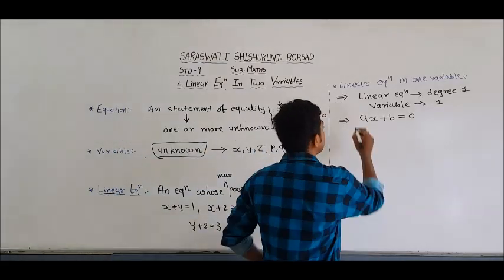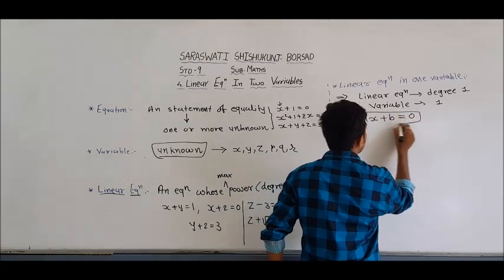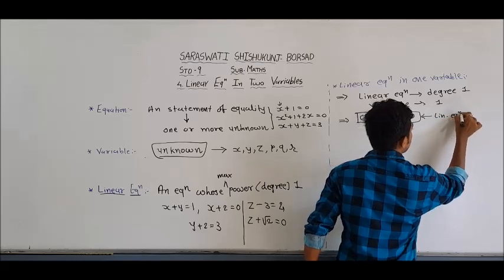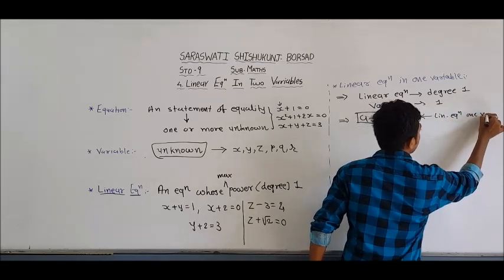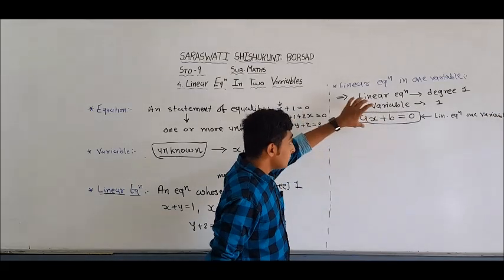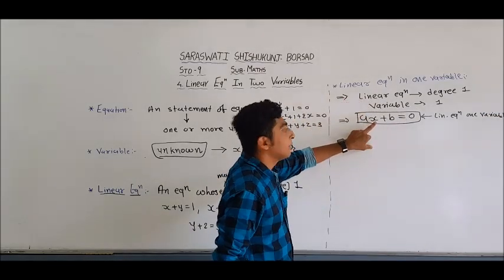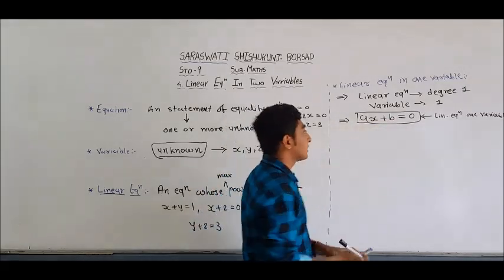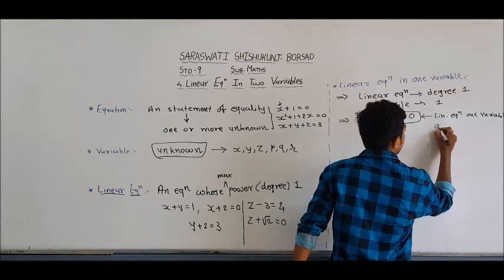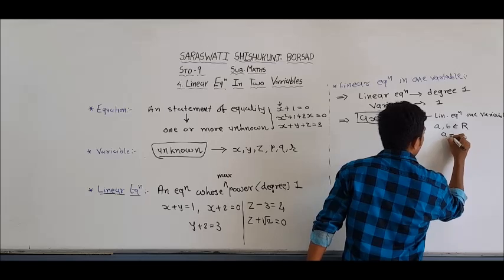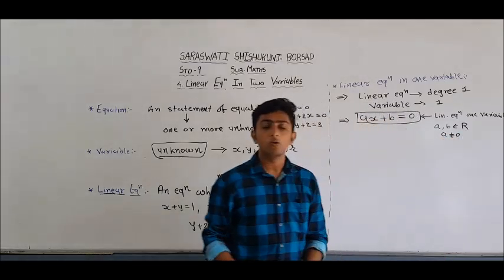This is the standard form of a linear equation in one variable. In this standard form there is only one variable, which is x, b is the constant, and the condition is a, b belong to R, a not equal to 0. Why not equal to 0?